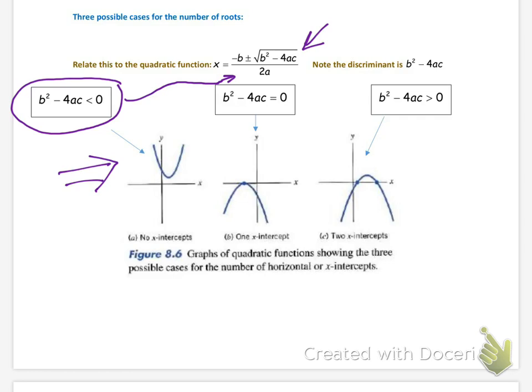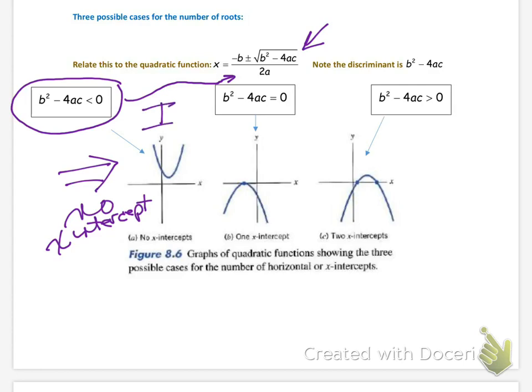If you calculate the discriminant, which is just b squared minus 4ac, all those letters coming from your standard form, and that number underneath the radical is less than 0, so if it's negative, then you have no x-intercepts. You can see that your parabola is floating above the x-axis, so it's never going to cross it. Okay, so that's scenario 1.